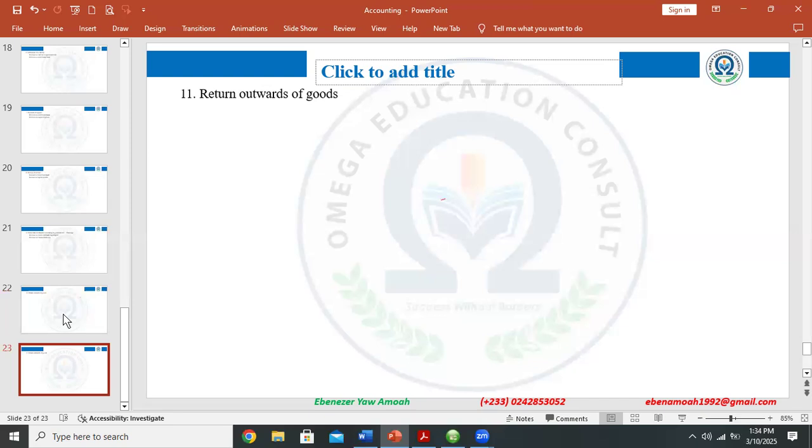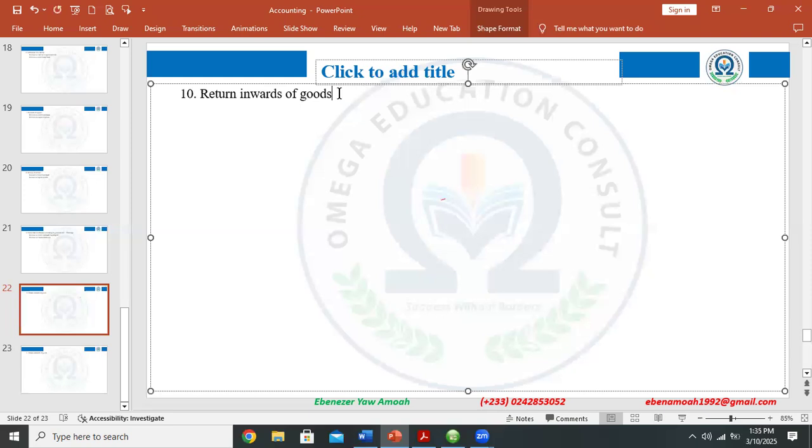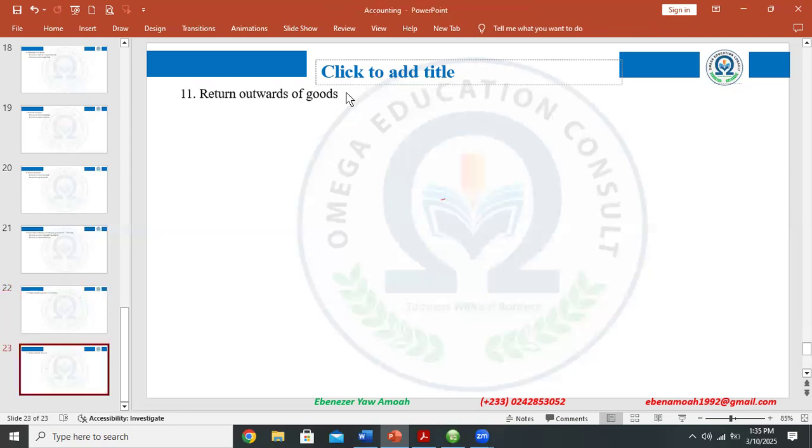So we can say that return inwards is related to sales, and for that matter, we can also call it sales returns. So who can guess the name of the return outwards? I think all my professors should get this one.